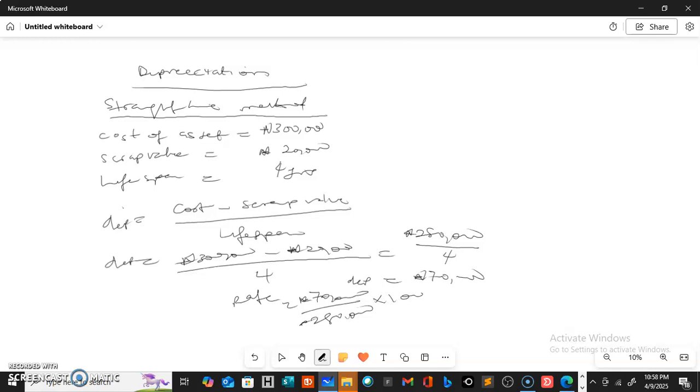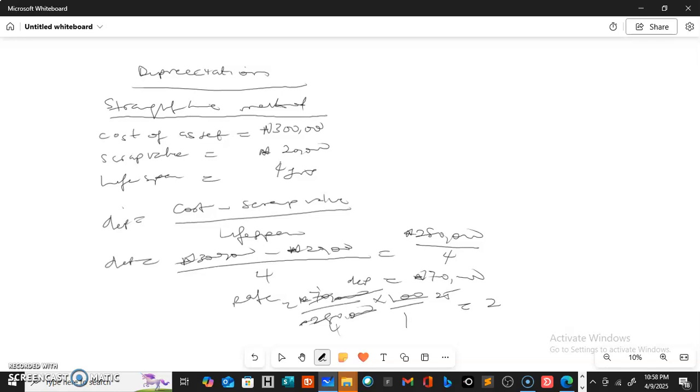Please don't make the mistake of writing 300,000, because this is the initial cost and we still have a scrap value left. So let us do the mathematics. Let's cancel this off, and we have 4, so we are left with 25%.